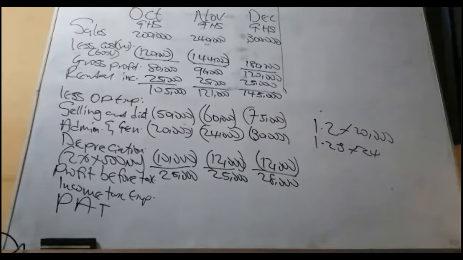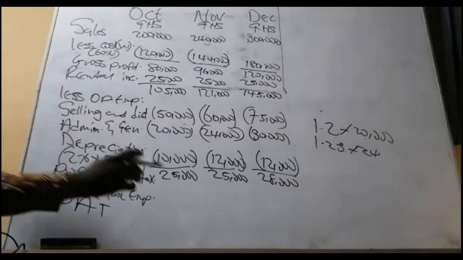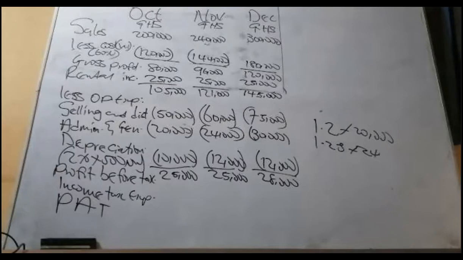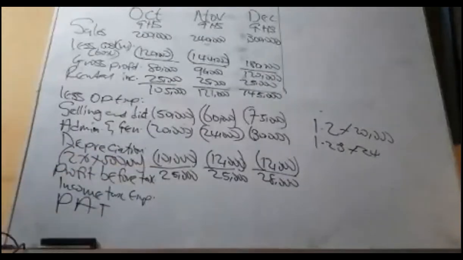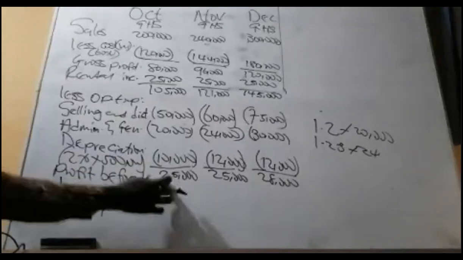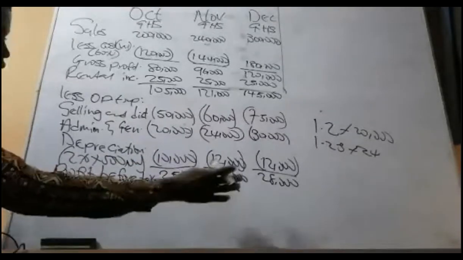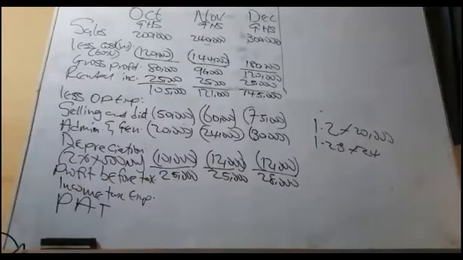Now, here, in fact, you have to get this thing clear. This tax, when you incur it in October, to be paid when? November. So does it mean that we have to bring October tax in November and November tax in December in financial accounting? No. Why? Because transactions must be recorded as and when you incur them.